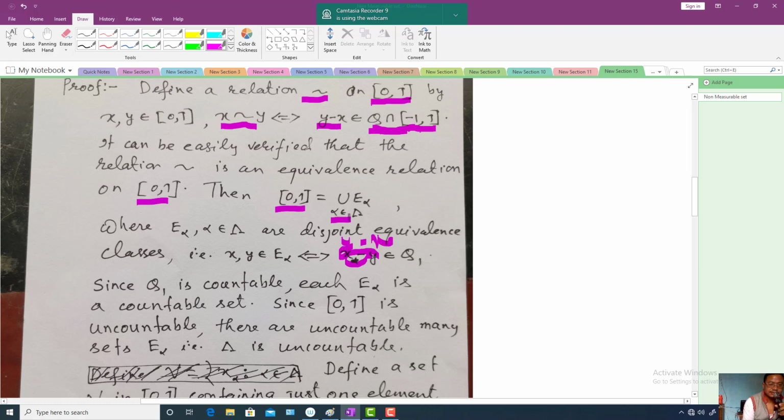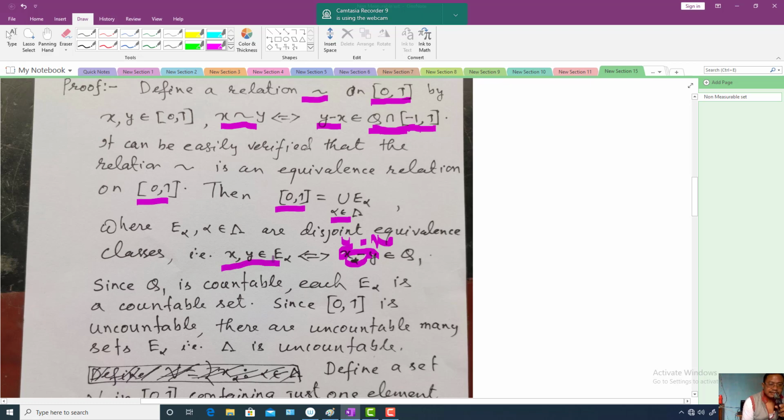If alpha and beta are members of this index set, E alpha intersection E beta is the empty set. So E alpha are disjoint equivalence classes. So what does an equivalence class mean?